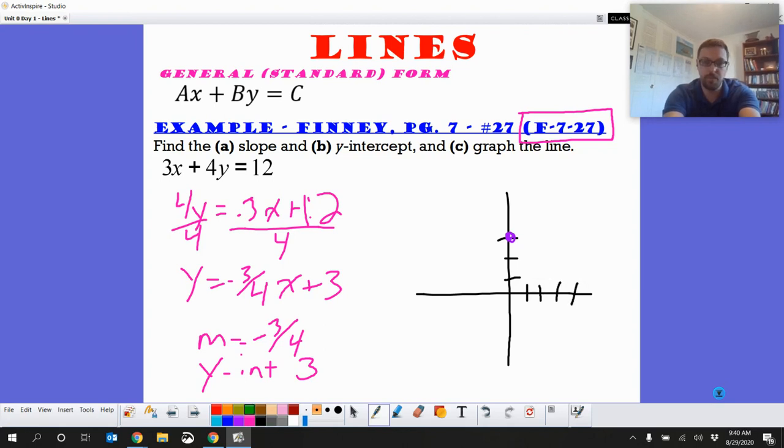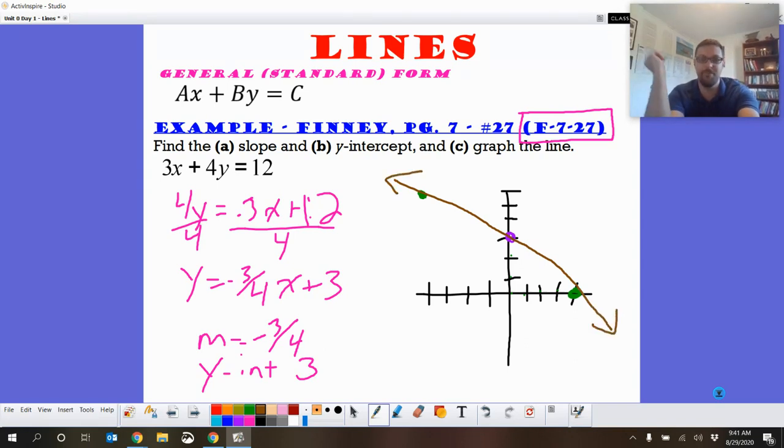From this point, I'm going to go down 1, 2, 3, over 1, 2, 3, 4, and there would be my new point. We could do that in reverse as well if we wanted. We could go up 3 and then back 4 to get to there. And here's our cool line. Woo! It's super straight, right?